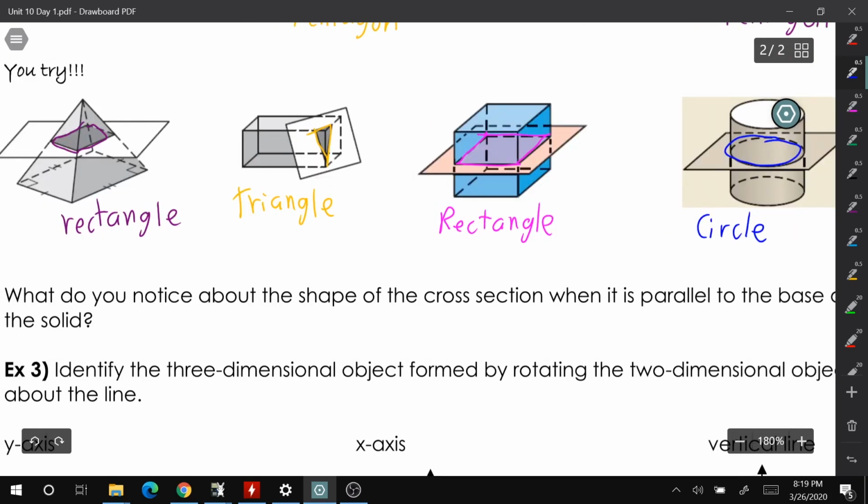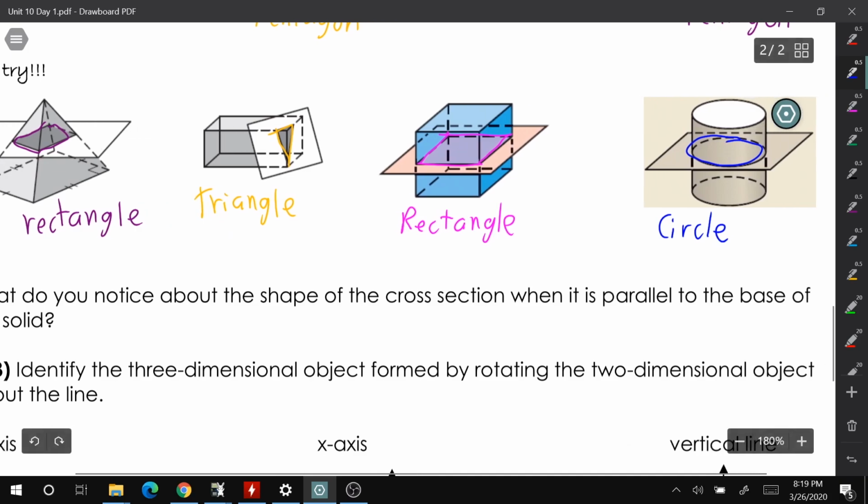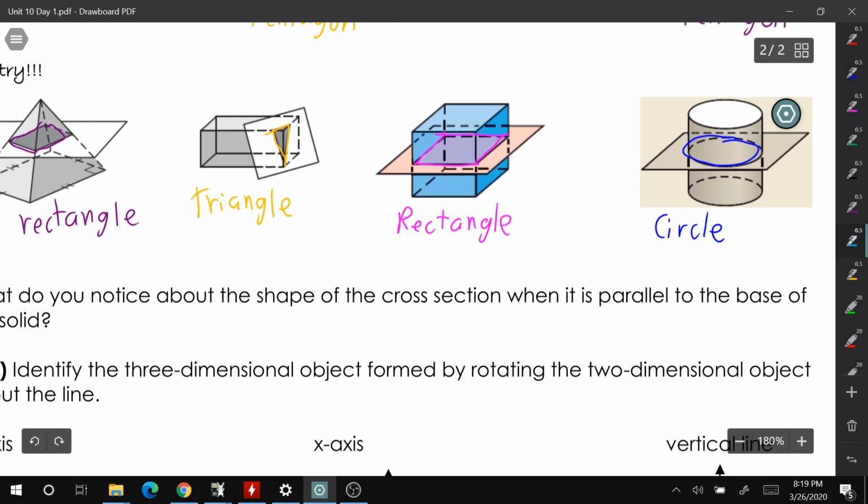What do you notice about the shape of the cross section when it is parallel to the base of the solid? So it's easy to see in this cylinder over here that we have our base here, this is a circle, and our cross section is also a circle that's the same size as our base. And here is our plane.